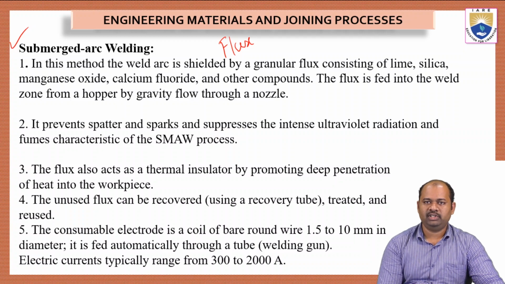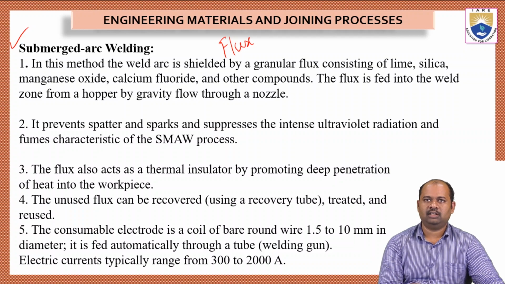But this process requires very high skill, because we have to do welding without looking at the actual joint. Okay, so this is called submerged arc welding. This is suitable for some other applications where skill is also required.